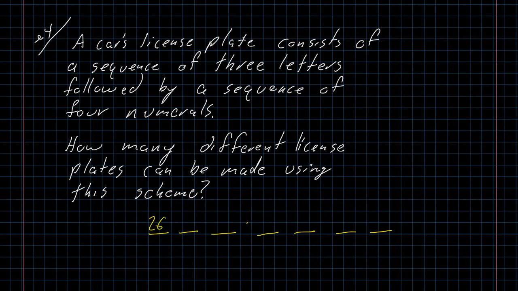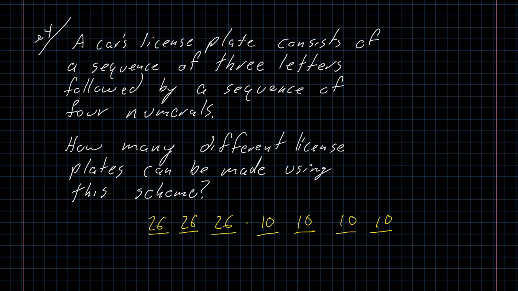So there's 26 different possible options for this letter. There's 26 different possible options for this letter and for this letter. The numeral can be anything 1, 2, 3, 4, 5, 6, 7, 8, 9, or 0. That's 10 possibilities for this number, and this one, and this one, and that one.